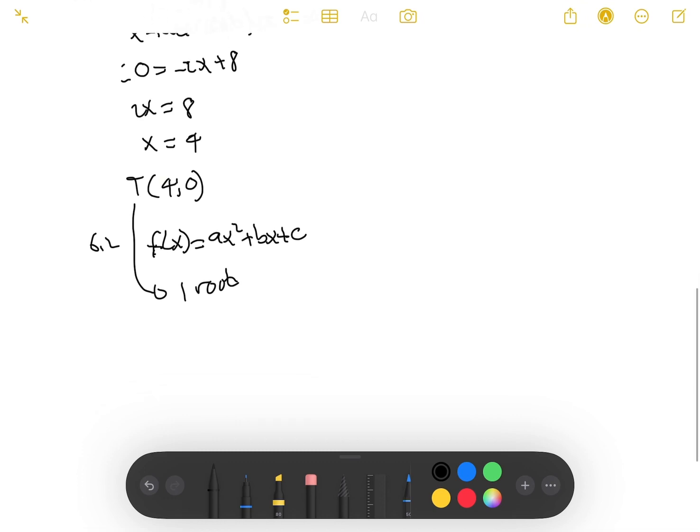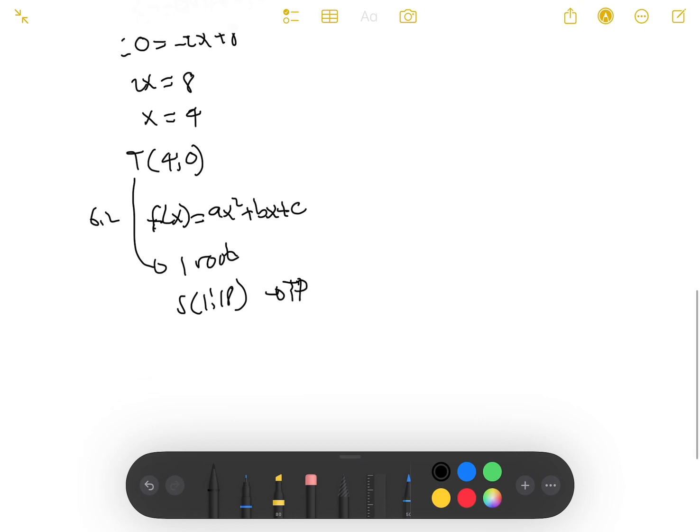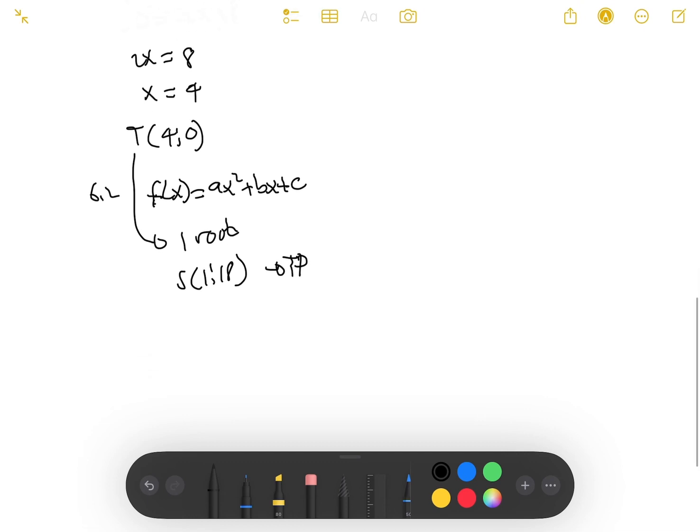And then we also have point S, which is (1; 18). So this is basically our turning point, right? So we have two useful points. And now what's left for us to express this in the root form is to find the second root.